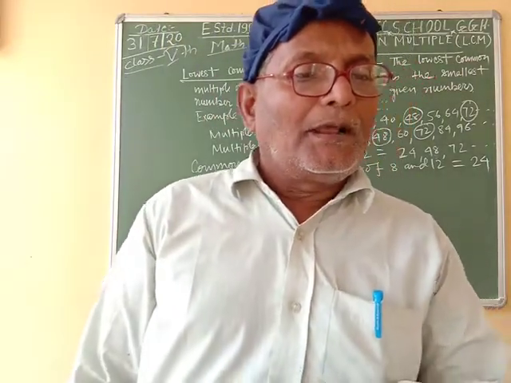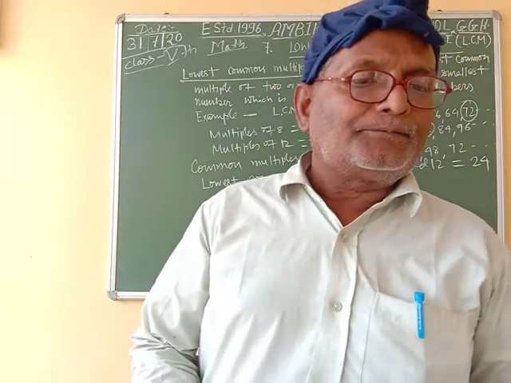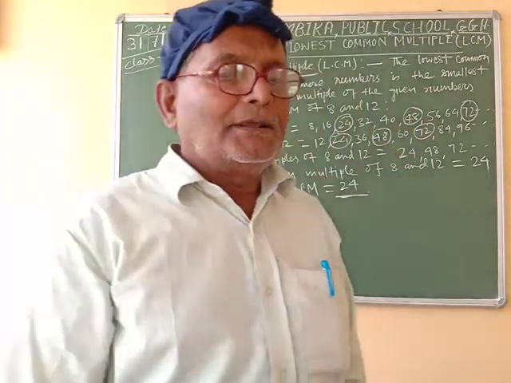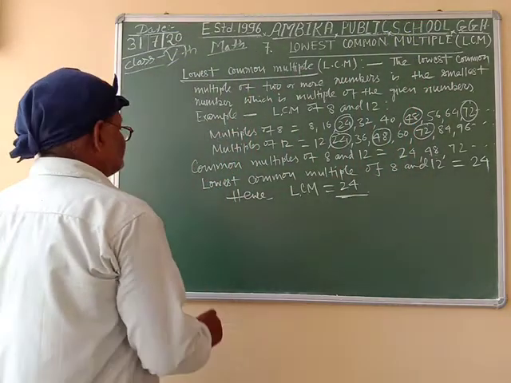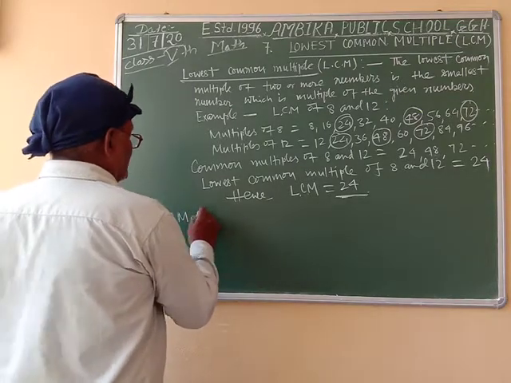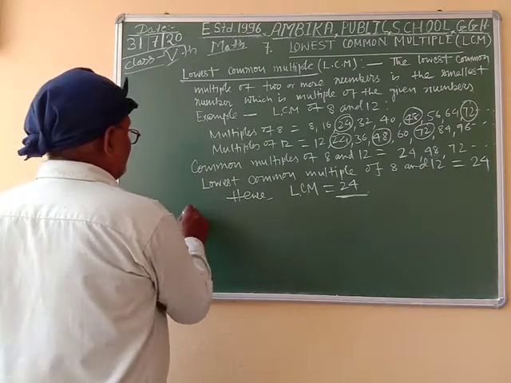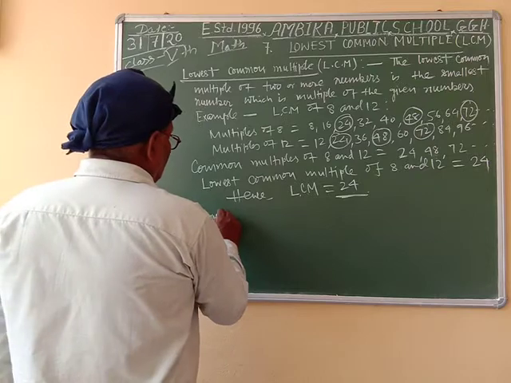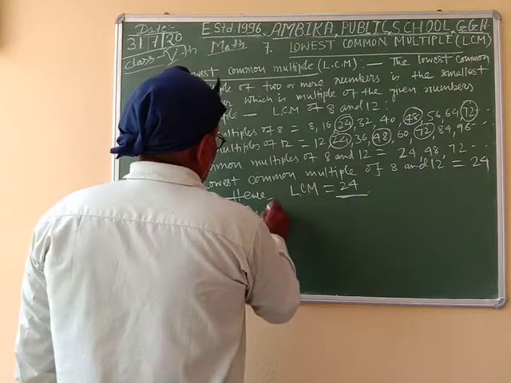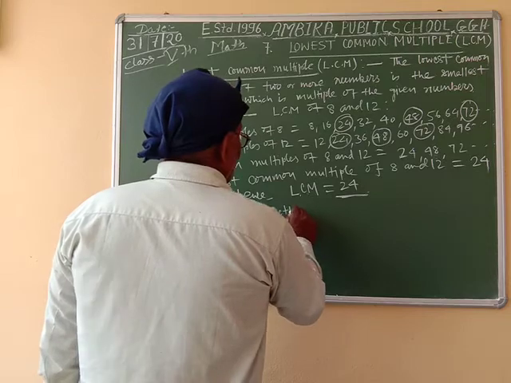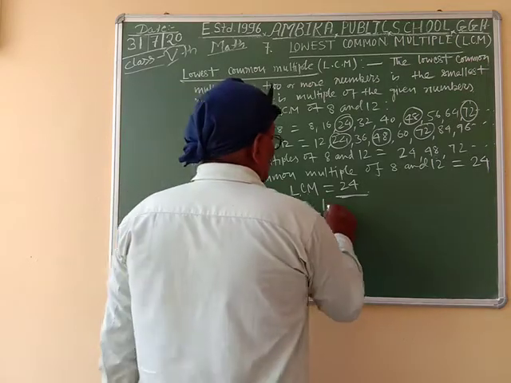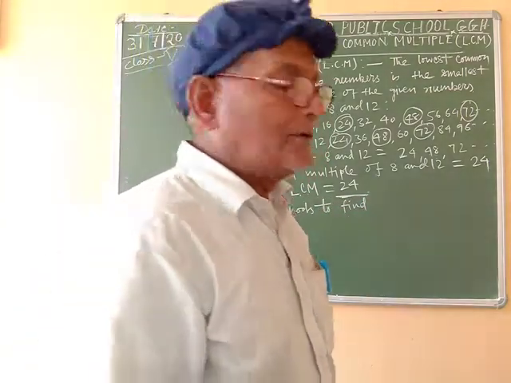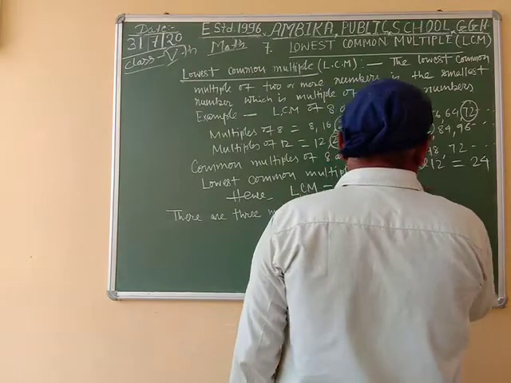Lowest common multiple. Now we know how many methods there are to find the LCM of the given numbers. There are three methods to find the LCM of the given numbers.